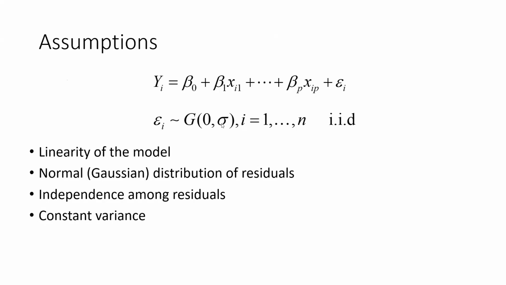Whether you say standard deviation is constant, then of course sigma squared is also constant, right? The residuals are independent, identically distributed. And so independence is another assumption, identically, I guess, too, but independence is really the key thing here. So that's the assumptions.